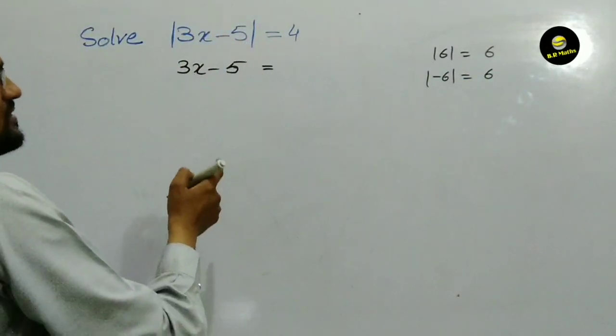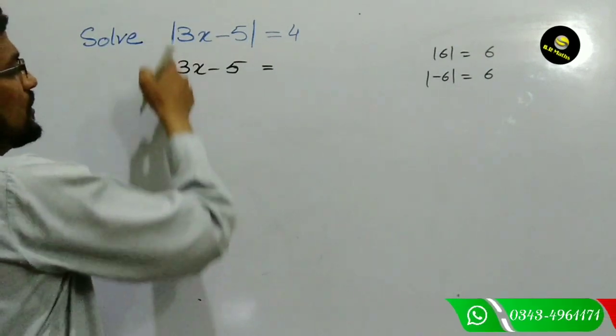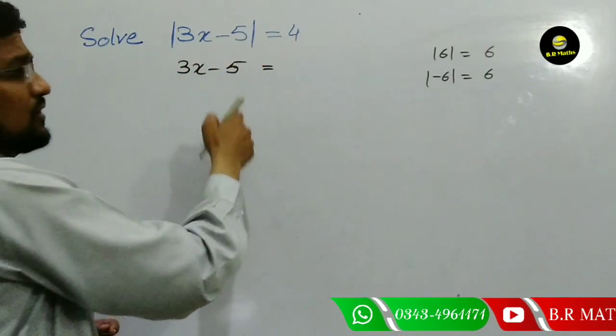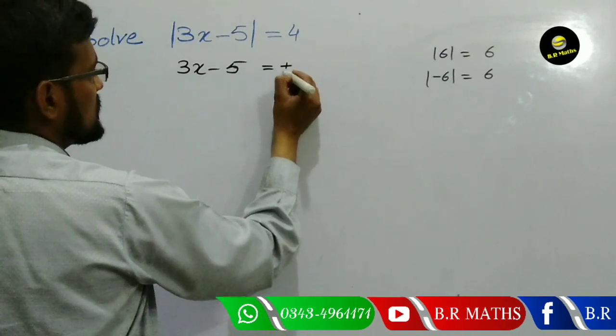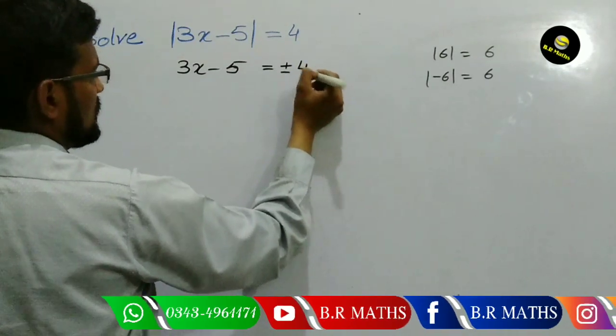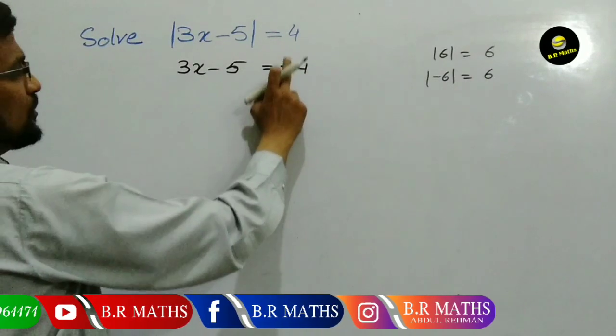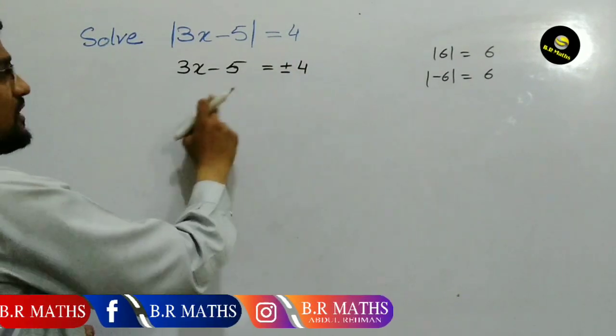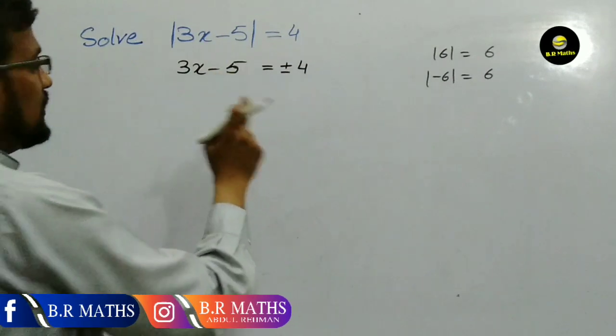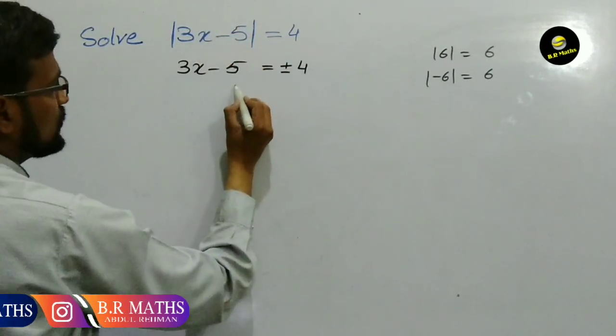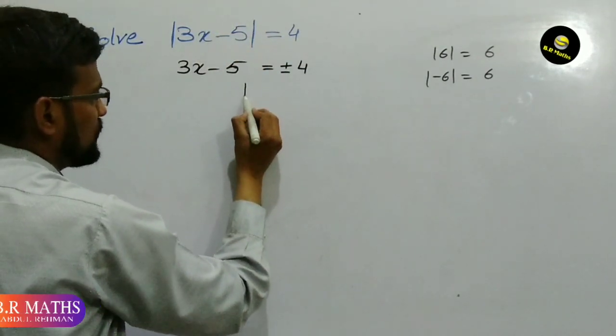It means when we open the absolute value, we use plus and minus. So for this plus and minus, there are two values. Then you can solve this question in two different steps.